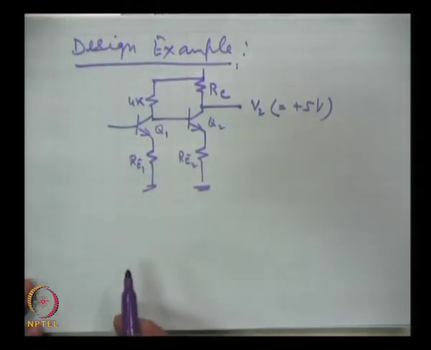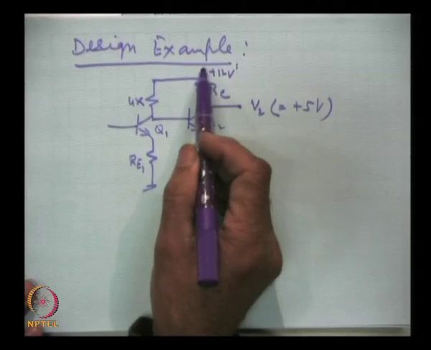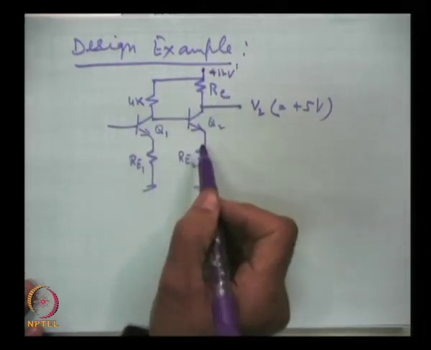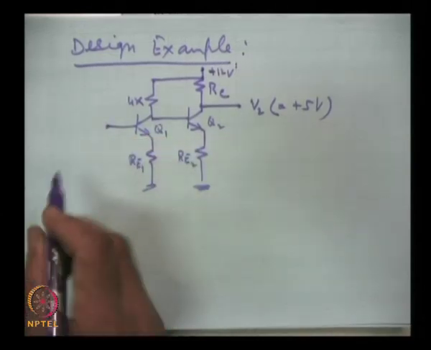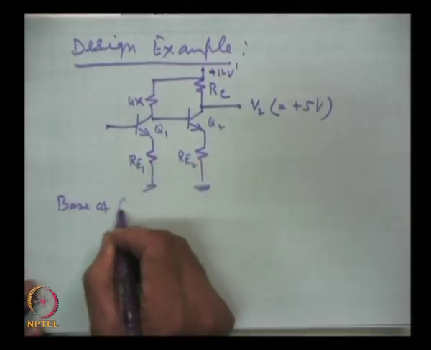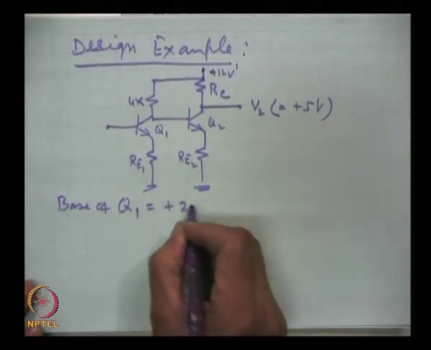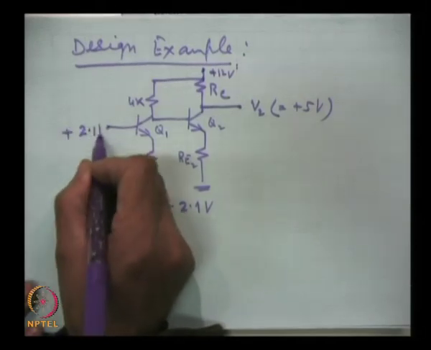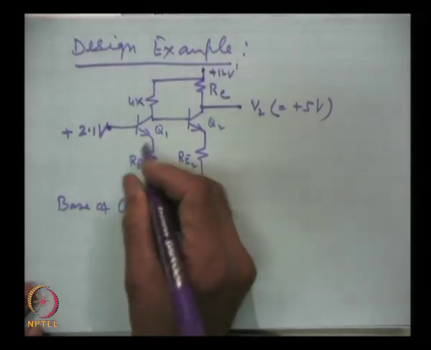I take just one design example. This is plus 12 volts and there are two transistors which are directly coupled, and let us say that the base of transistor Q1 is initially at plus 2.1 volts, that is, 2.1 volts is available here, and these resistances are given.